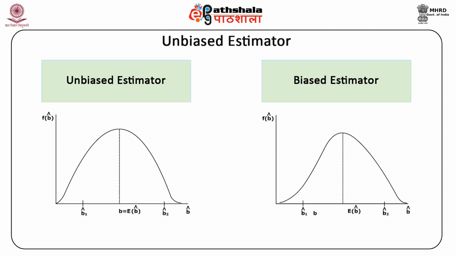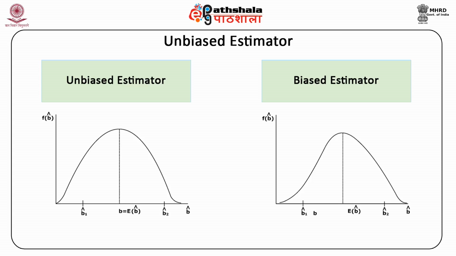In the right side of the figure, the estimator B hat is biased since its expectation is not equal to B. The bias is precisely expectation of B hat minus B. In this case, two hypothetical estimates B1 hat and B2 hat are represented in the figure.